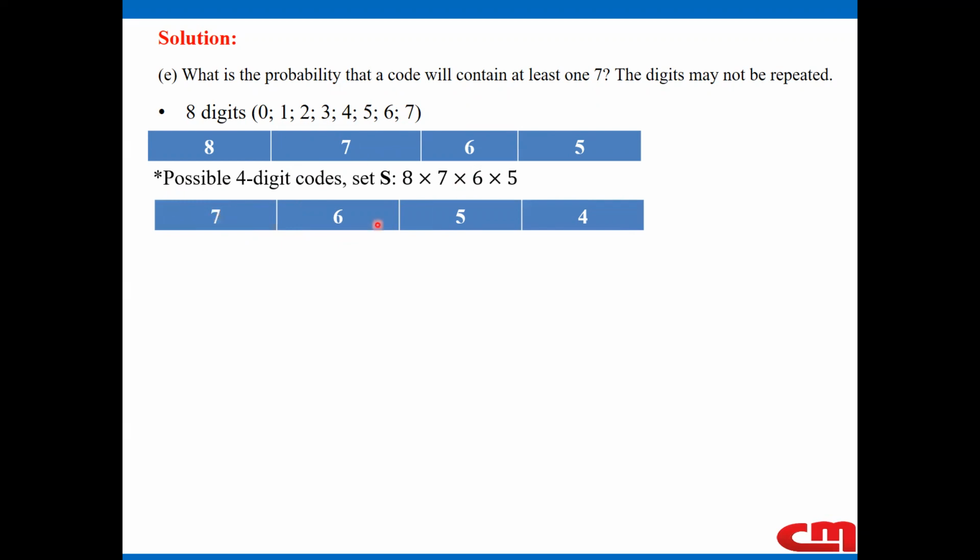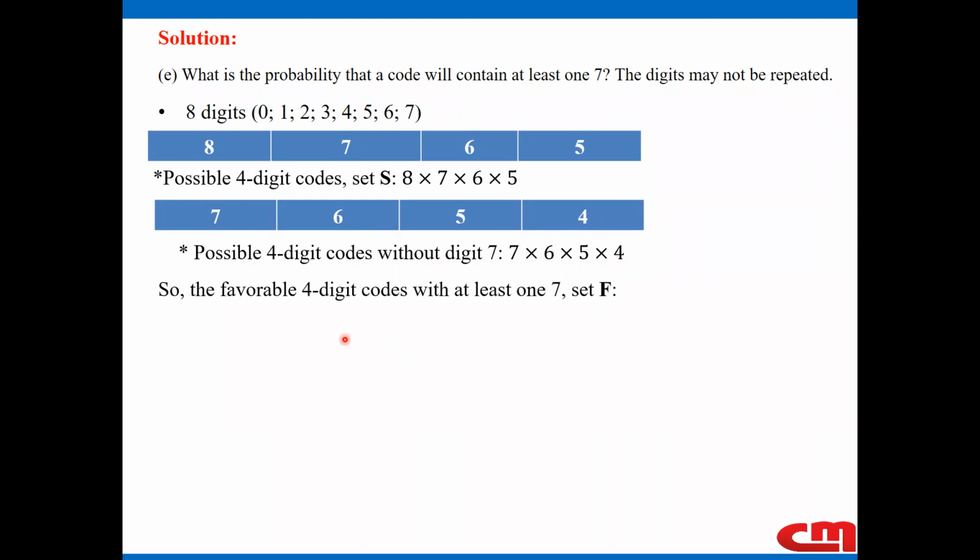Once it's occupied, you are left with 6. Once it's occupied, 5, up to 4. And by the fundamental counting principle, we are now saying possible 4 digit codes without digit 7, because I removed it, we have 7 times 6 times 5 times 4. This is what we have.